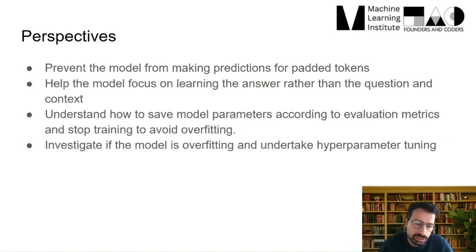What metrics can I use to evaluate large language models and tell the model, okay, you're overfitting now, just stop. And what hyperparameter tuning can I do to also answer the question of overfitting.